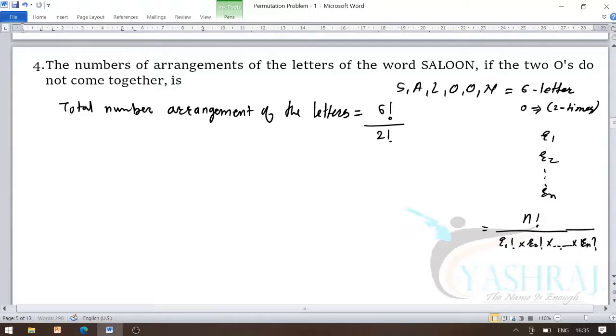Same case we have to use here. O is repeated 2 times, so we divide by 2 factorial. And total letters n is 6, so 6 factorial.